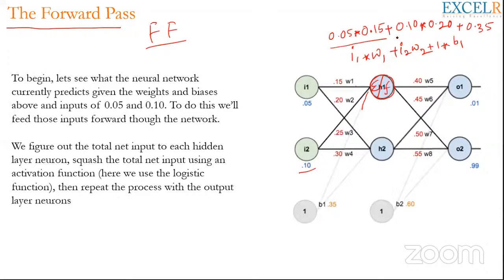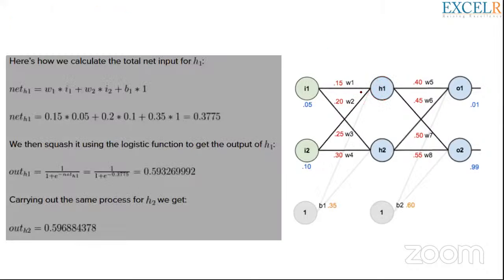This is the net input that we are receiving at H1. That is what you can see here: net H1 is W1 I1 plus W2 I2 plus B1. This is the net input we have received at H1.